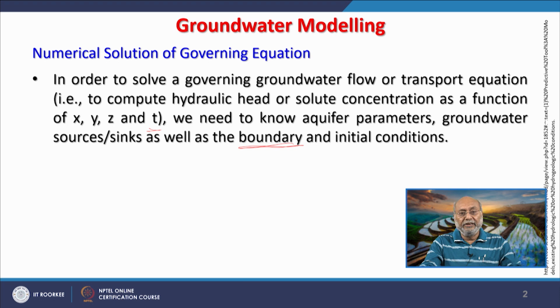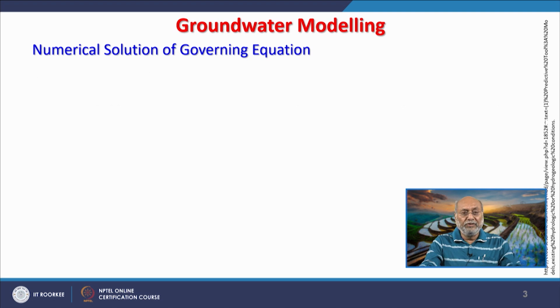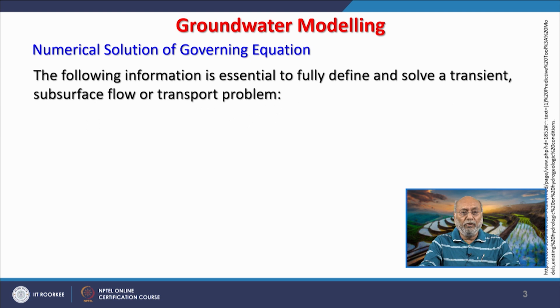An initial condition, what the initial conditions are, what the boundary conditions are and other things. So, this basically is the input which is required for this kind of modeling.